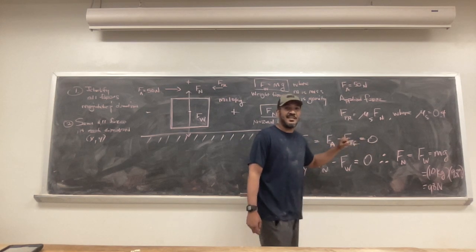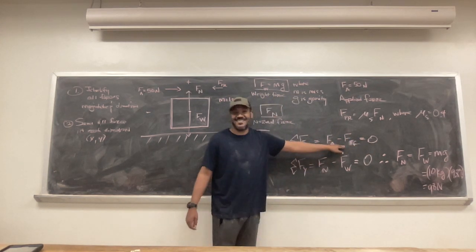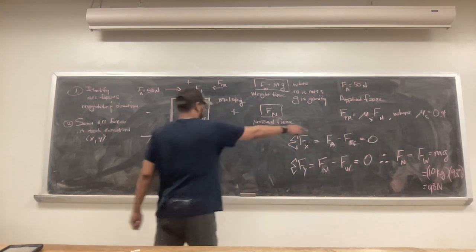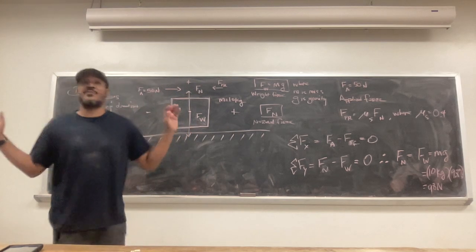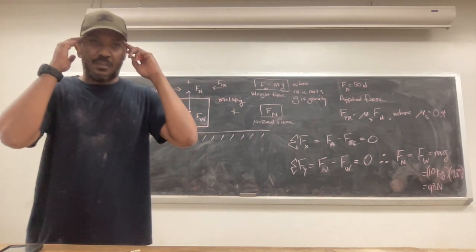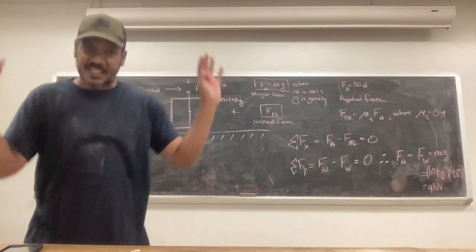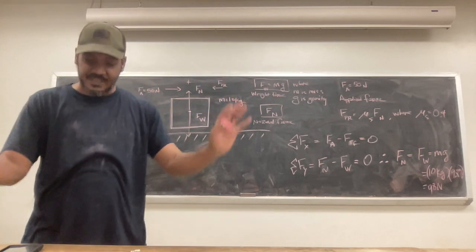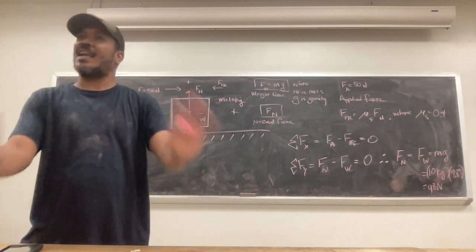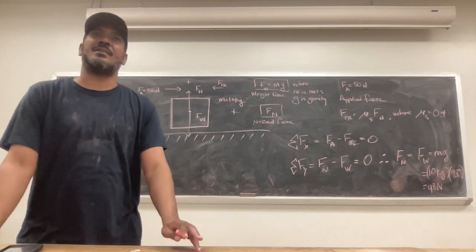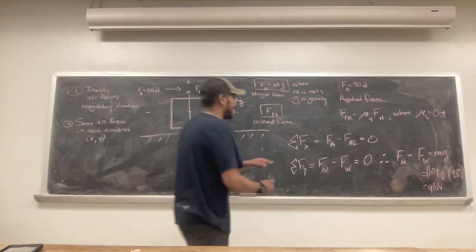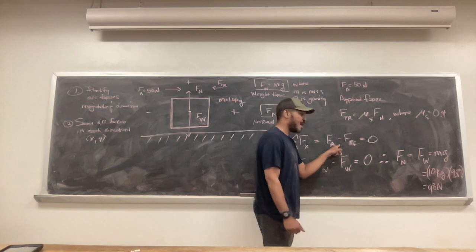Right? So what must be true then? They must be equal. So for the box not to move, everybody following what we're doing? The logic we're using? If you don't follow it, say it. It's cool. All right? If you don't follow it, just say, hey, I'm kind of lost here. All right? So in order for the box to move, right?